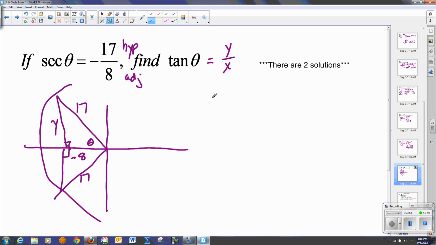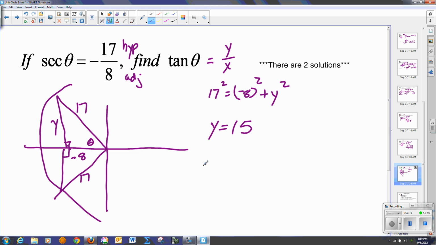We're going to take 17, square that, set that equal to -8 squared plus y squared. And if we look at this, this is one of our special Pythagorean triples, 8, 15, 17. So y in this case is going to be 15.